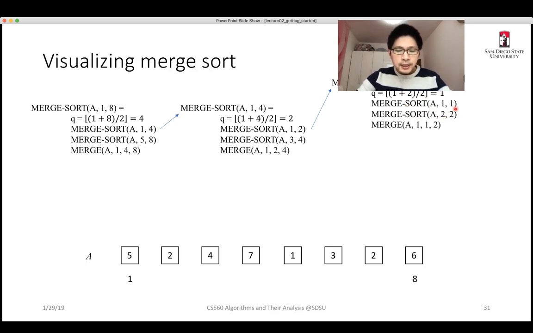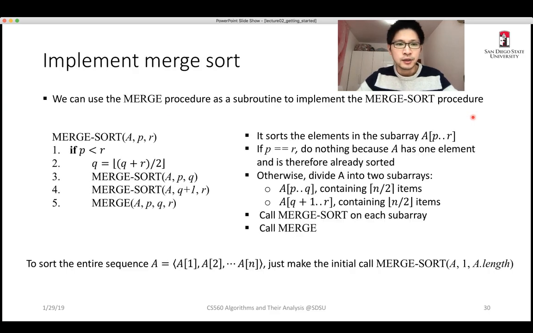Now you need to pay attention to the ending point here, because p is 1 and r is 1, so they are equal. Calling merge sort on A1 to A1 and on A2 to A2 will do nothing, according to our definition of merge sort in the first place. If p equals r, the whole procedure does nothing and returns.